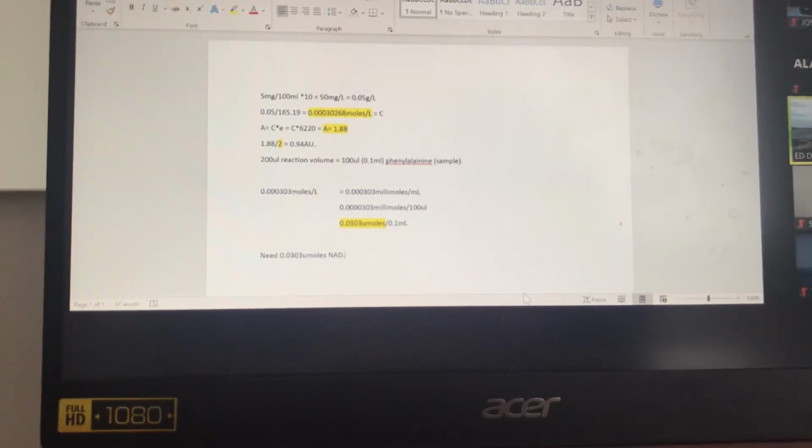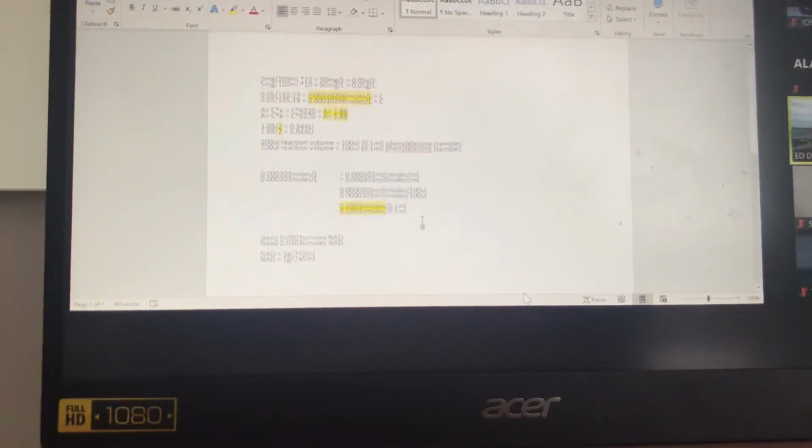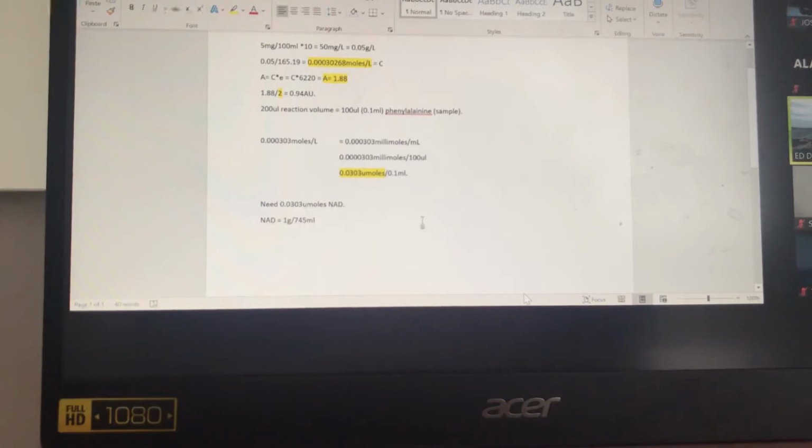Okay. So our NAD solution is 1 gram dissolved in 745 ml of water. So the first question is, what's 1 gram in terms of moles? So the molecular weight for NAD is 662.4 grams per mole. You can Google it.